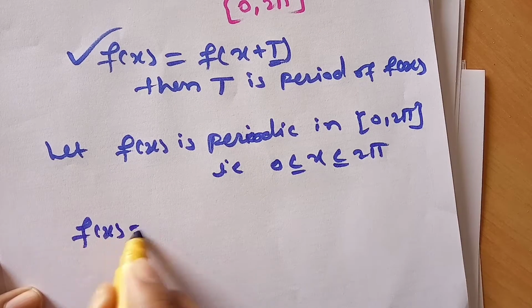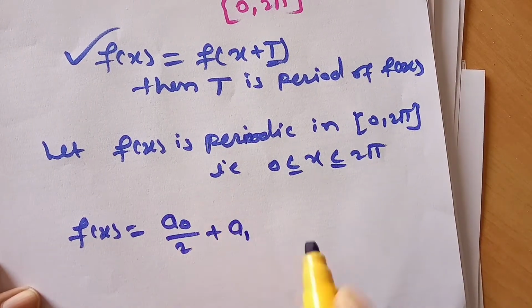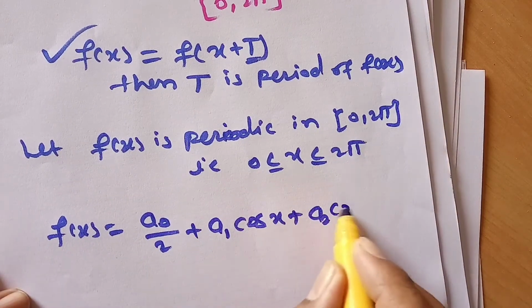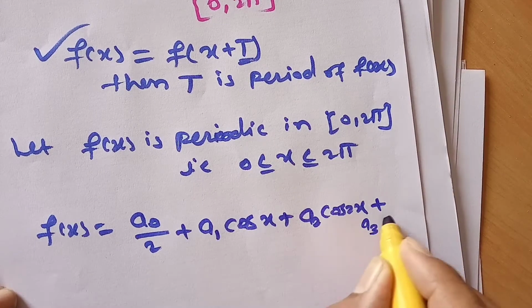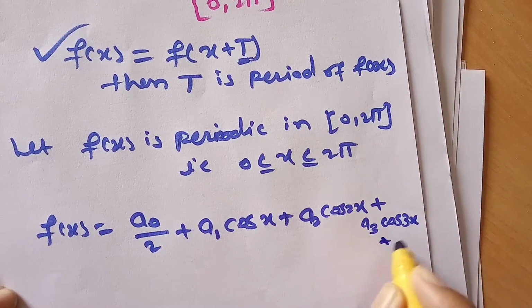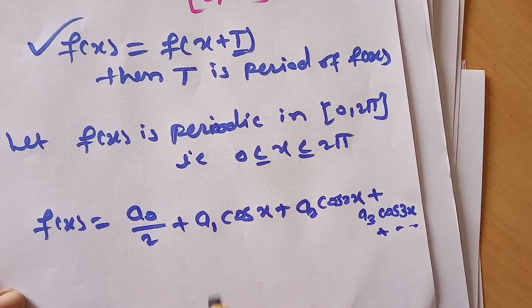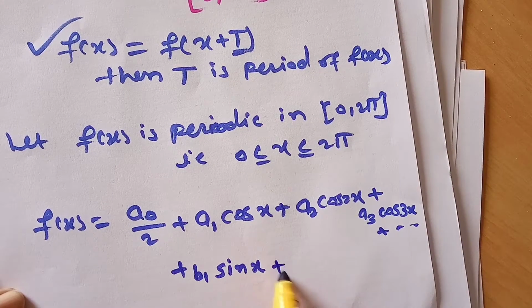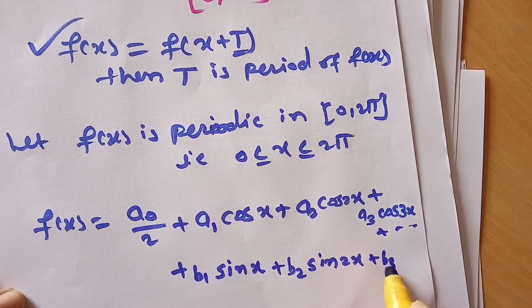f of x is equal to a0 by 2 plus a1 into cos x plus a2 into cos 2x plus a3 into cos 3x plus so on, all terms containing cosine angle, plus b1 into sin x plus b2 into sin 2x plus b3 into sin 3x plus so on.